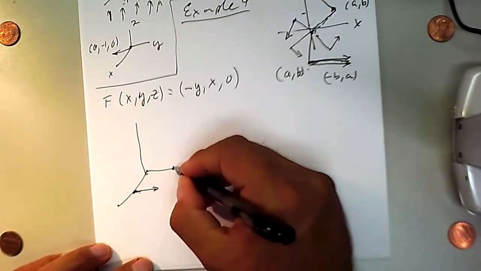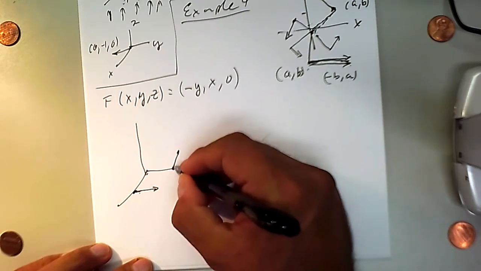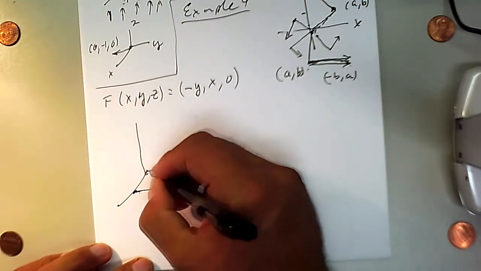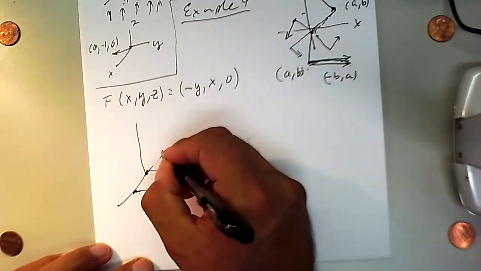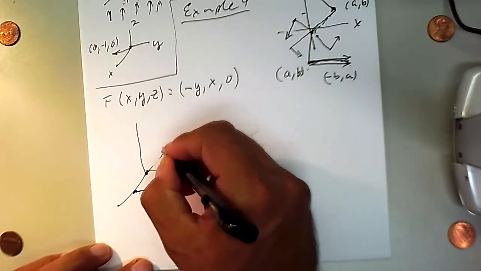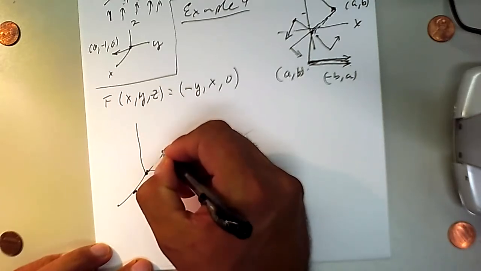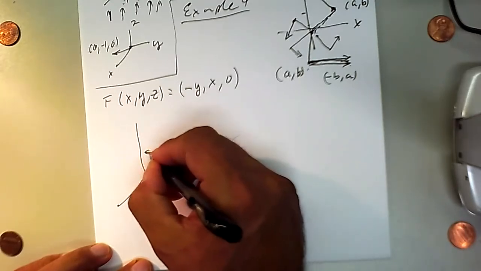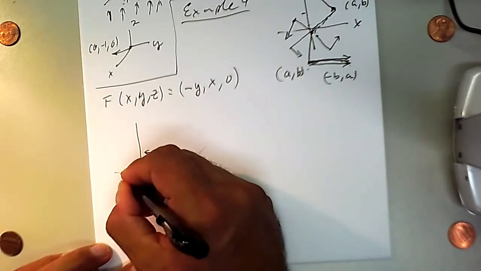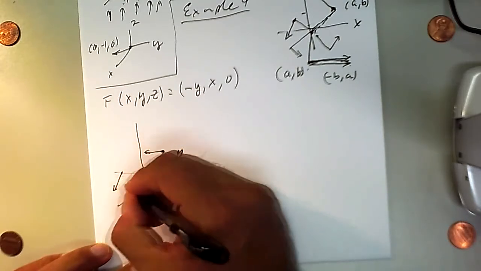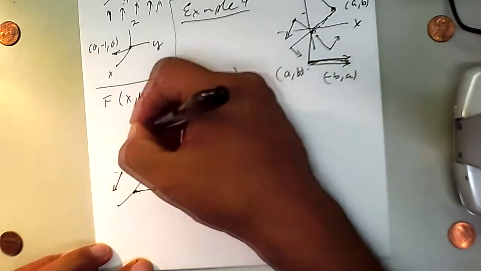If you're here, you're going to get a vector that is perpendicular, that way, and so forth. So vectors that are perpendicular going counterclockwise. So now we're going to go this way. And here we're going to go this way. So we're going around.